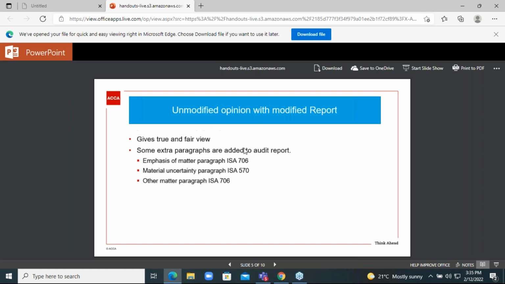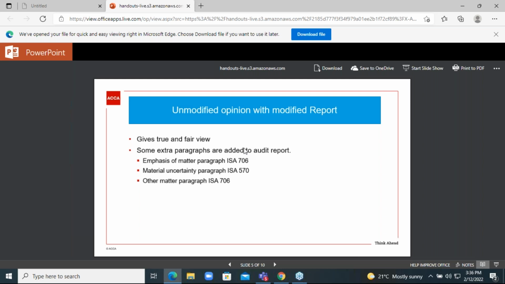Now the next report that is important in the context of audit report questions is unmodified opinion with modified report. What is this type of report where the auditor is issuing an unmodified opinion? Unmodified opinion means a report in which the opinion is that the financial statements give a true and fair view.